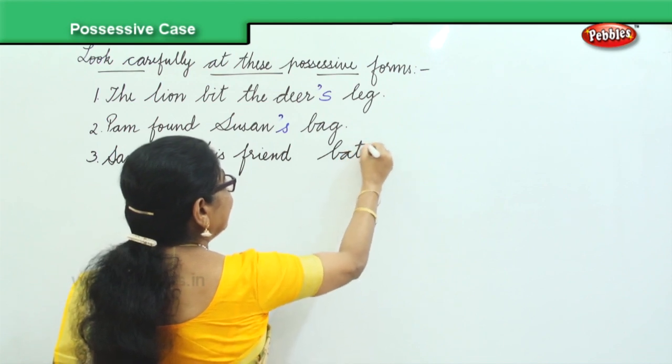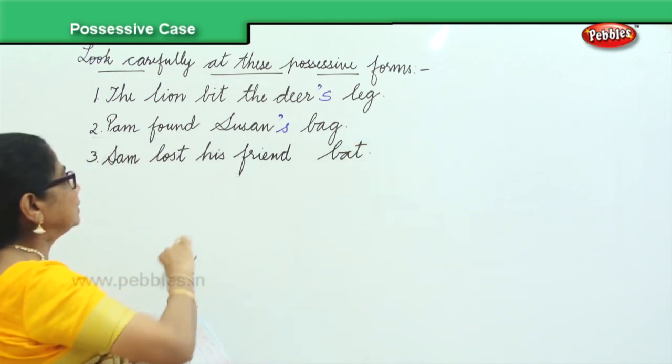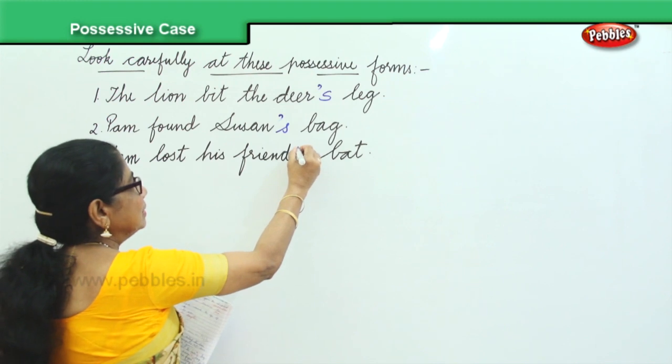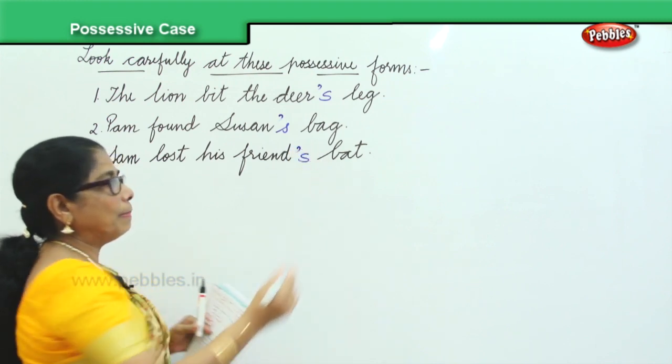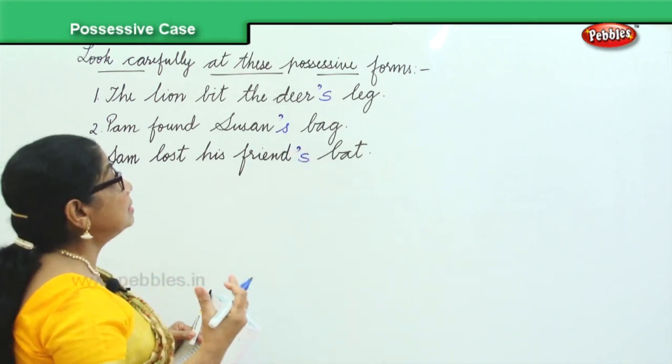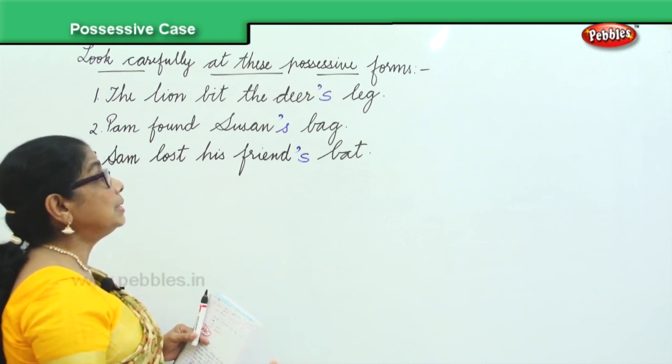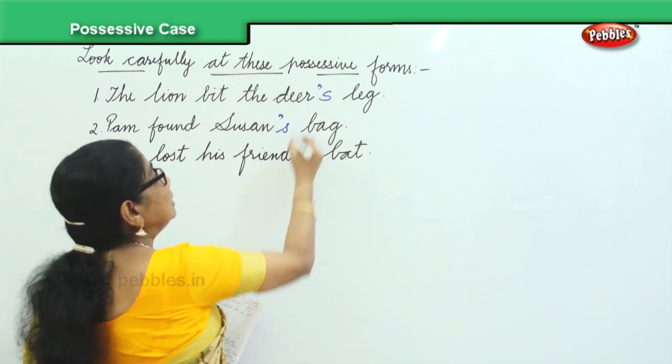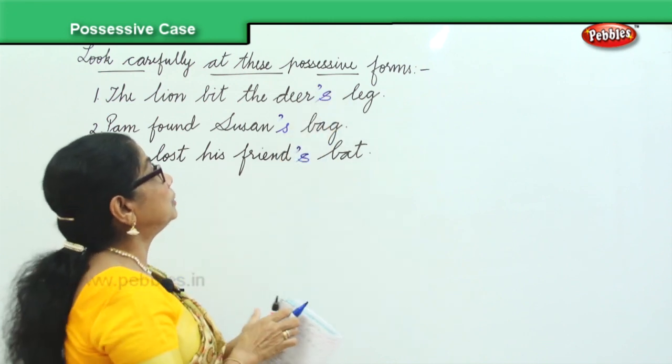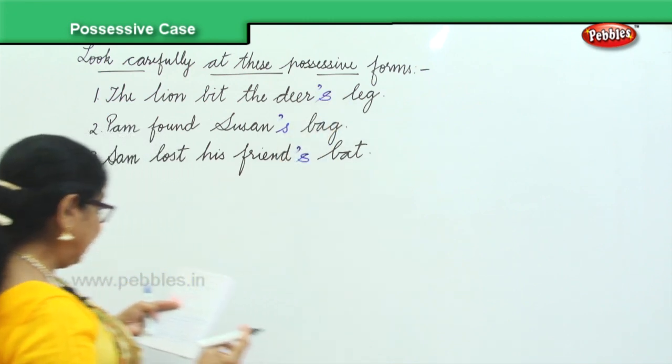Went to play in the playground and Sam lost his friend's bat. Deer's leg. Susan's bag. Friend's bat. Okay? Possessive forms. Next.